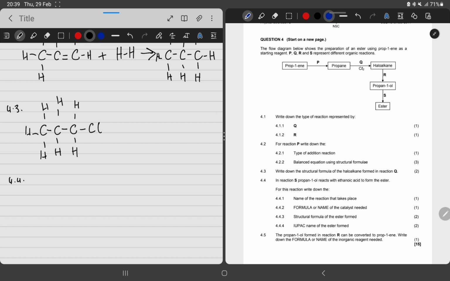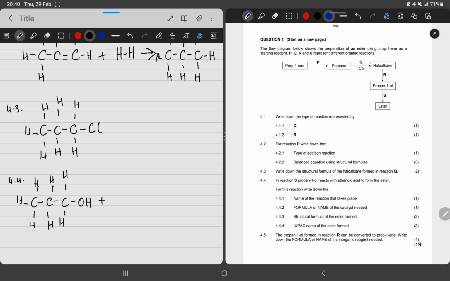4.4. In reaction S, prop-1-ol reacts with ethanoic acid to form the ester. We have prop-1-ol, and then they are telling us that it reacts with ethanoic acid.